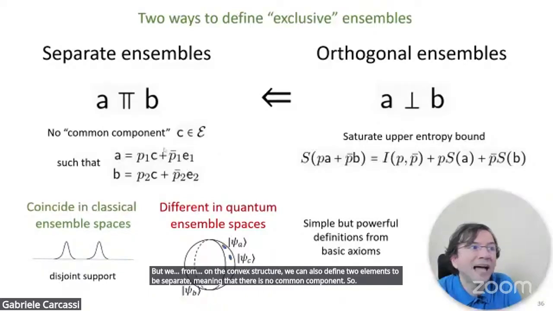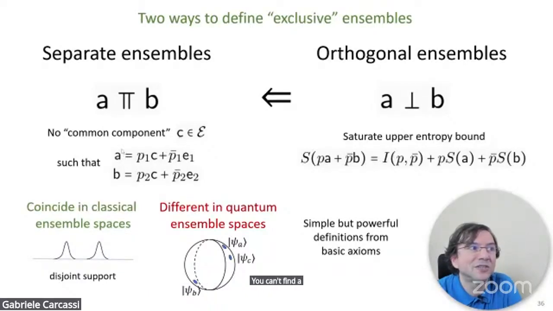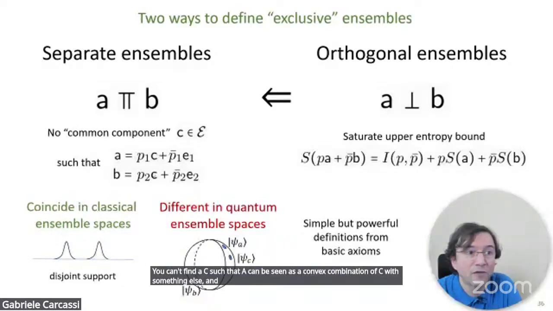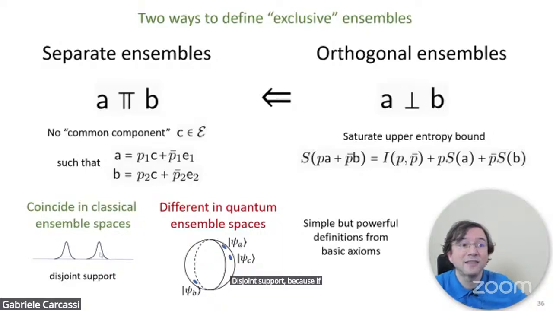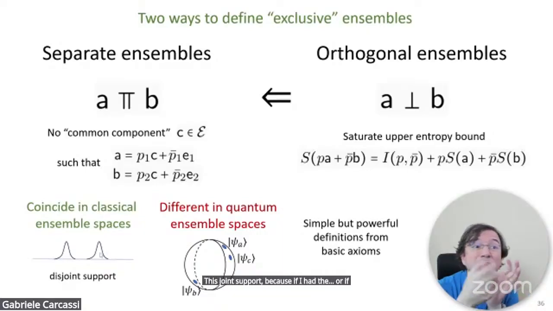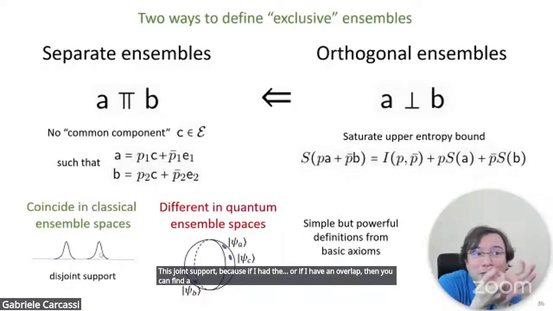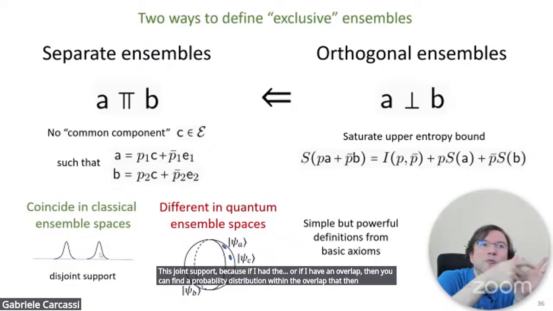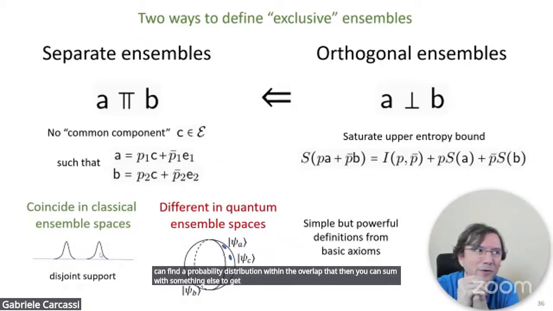So you can't find a C such that A can be seen as a convex combination of C with something else, and B also a convex combination of C and something else, right? So in the classical case, for example, this means that they have disjoint support, because if I have an overlap, then you can find a probability distribution within the overlap that you can sum with something else to get one and something else to get the other.